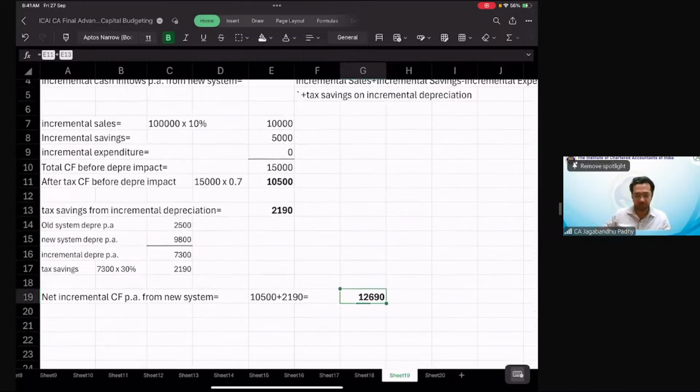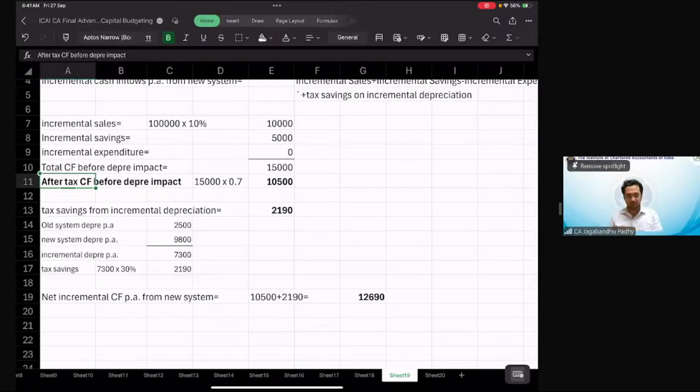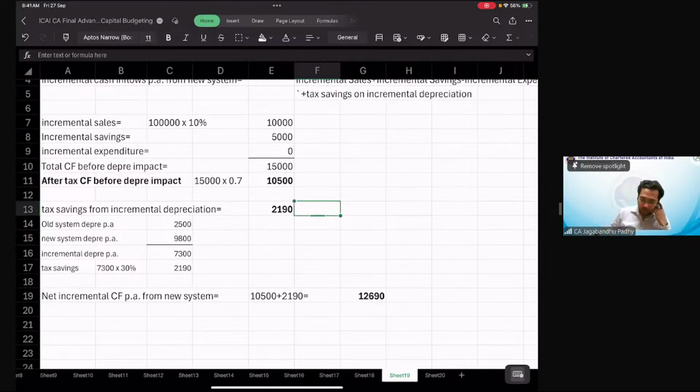Got it, guys? Did we get it? The after-tax impact of the net cash flows and also the tax savings on the depreciation. Is this clear? Everyone, net incremental cash flow from the new system, 12,690.